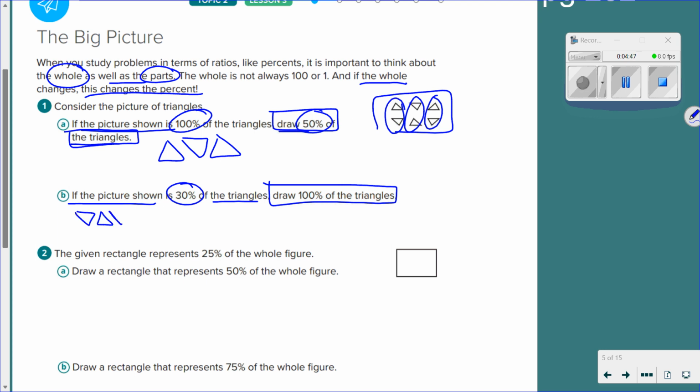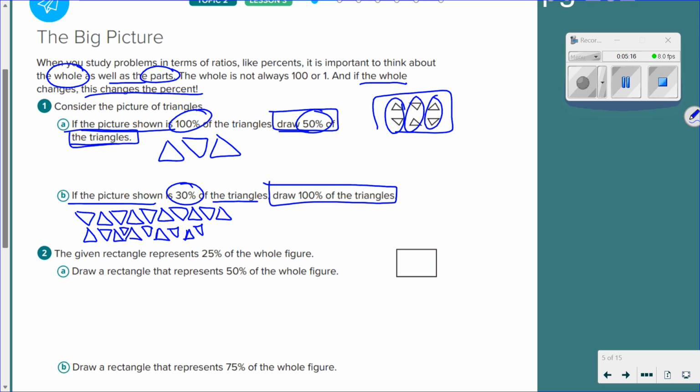So I would do 10 on top, and then I would do another 10 on the bottom. Make sense?